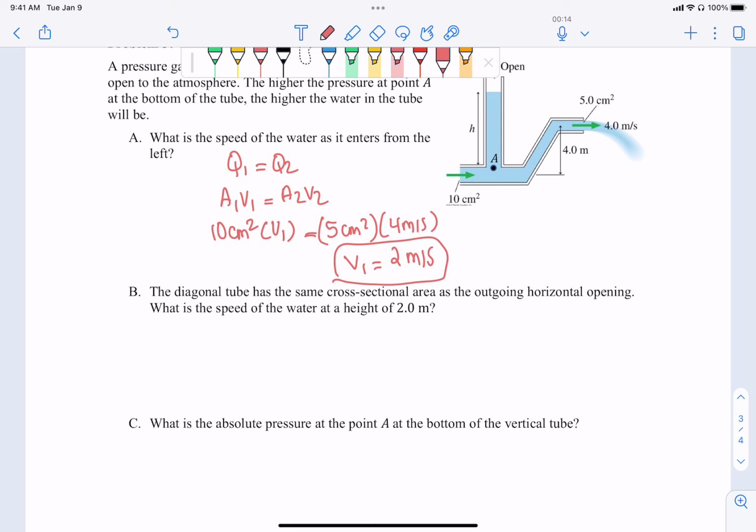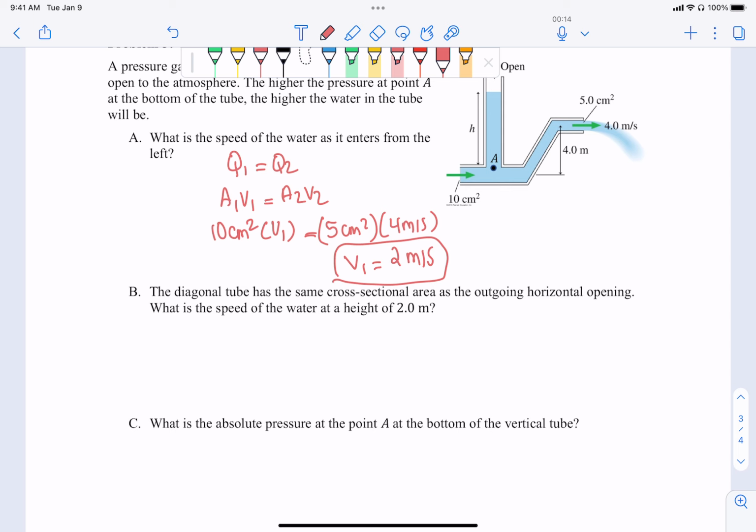Well, if the area is the same, then what? Remember we were talking about how the flow inwards has to equal the flow outwards.